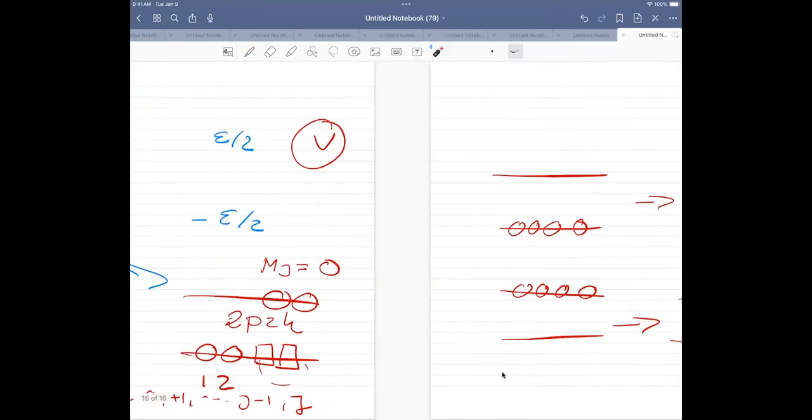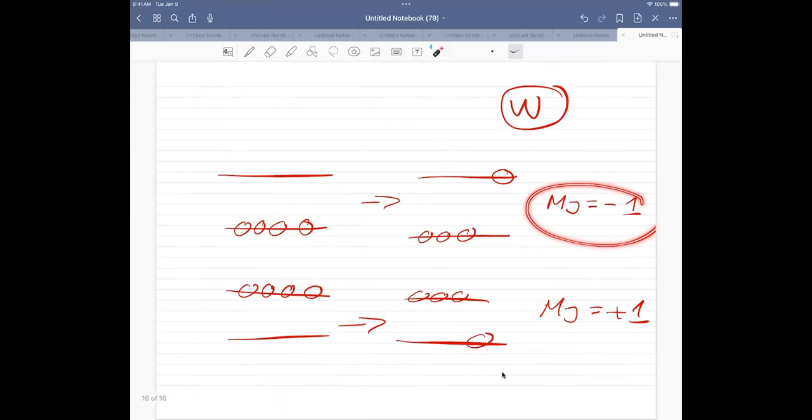But if you look at the state with mj equal to -1, I can make that in many ways, because I don't need to promote this one up here, but I could have taken this one, or I could have taken that one, etc. So that means that they do not have a unique representation. So when I want to build them up, that's when I use these raising and lowering operators to set up the right states. And you will find that algebra in the Jupyter notebook.